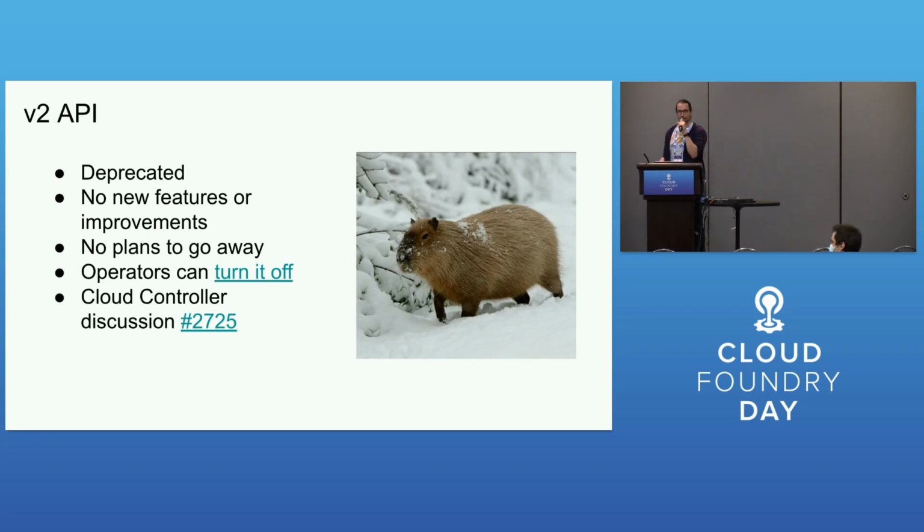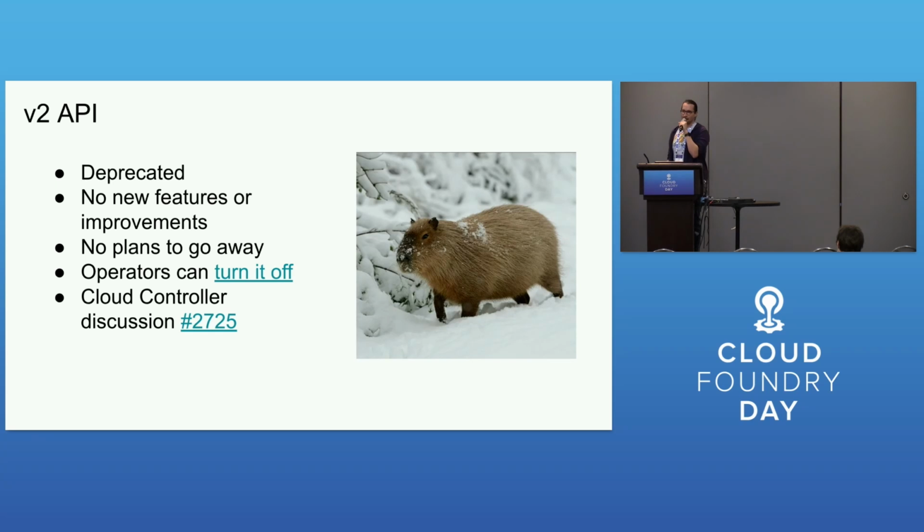So you should not expect that any of the exciting things that we're talking about here, or will be talking about in the future, will be represented on that API. However, it also is not going to go away currently. We found that there's a large number of clients out there that people still actively use that aren't actively maintained.